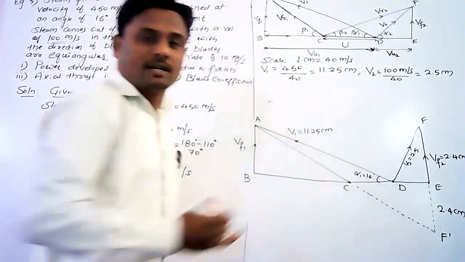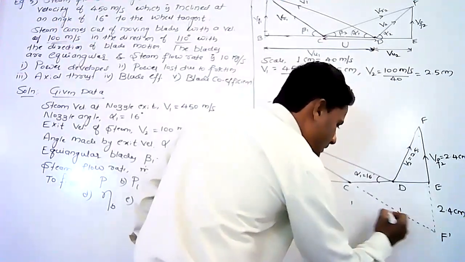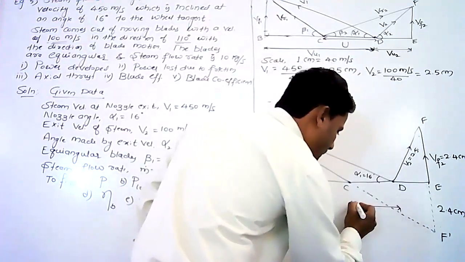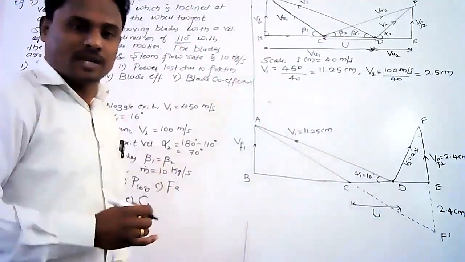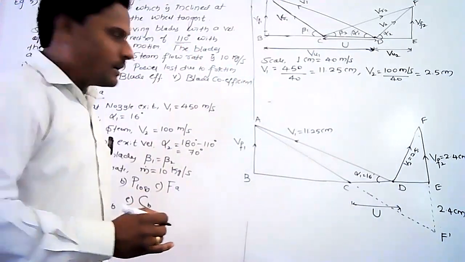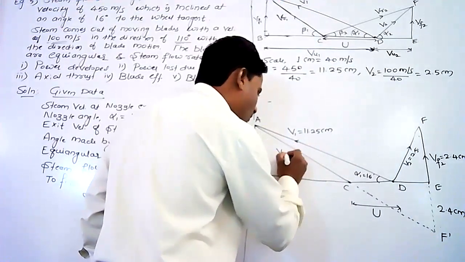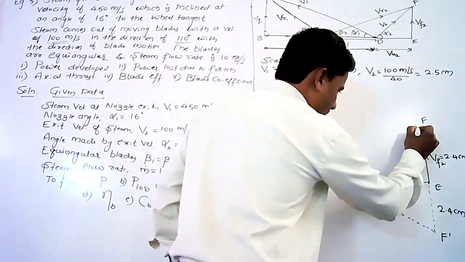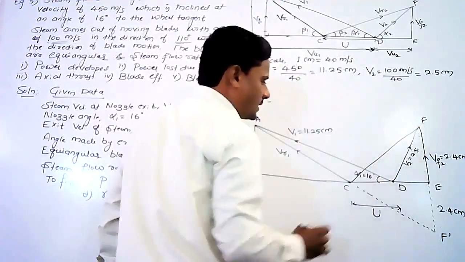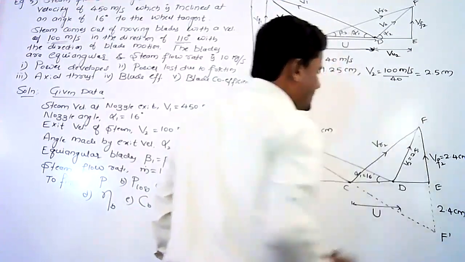Now measure the length U here, in terms of centimeters. Its magnitude is VR1, and join F to C. This is VR2.